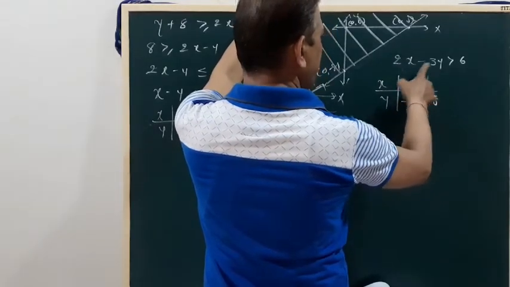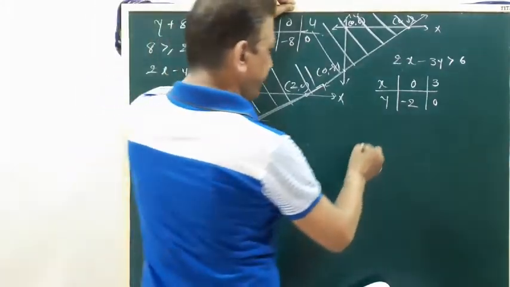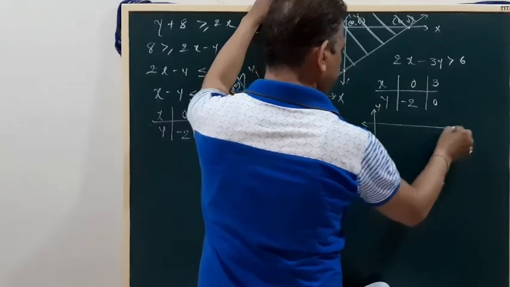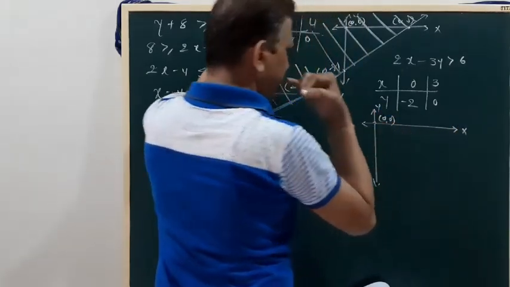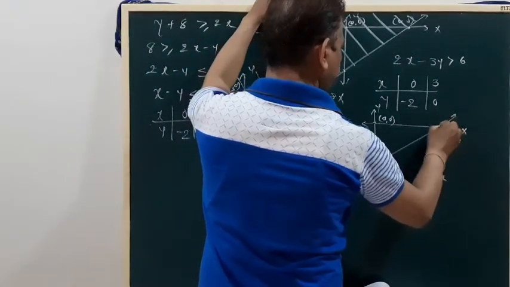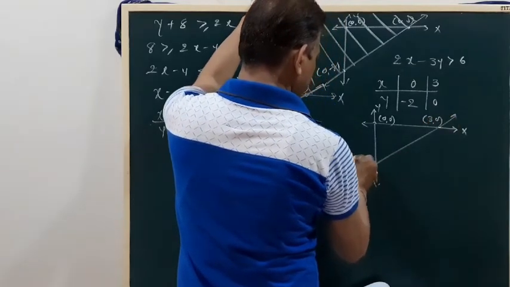Put y equal to 0, 2x equal to 6, x equal to 3. Again same. Here is the origin. 3, 0 is here and 0, minus 2 is here.